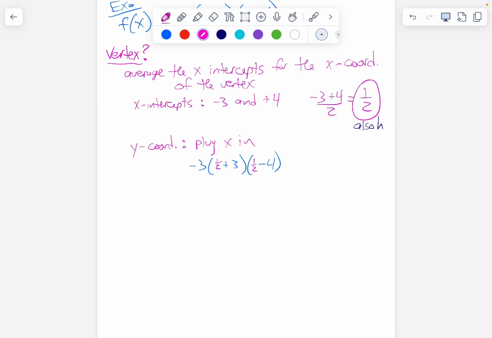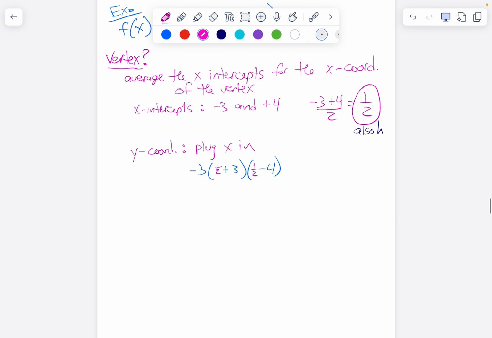And I'm okay with that if you want to use it that way. So 1/2 minus 6/2 is -5/2. 1/2 minus 8/2 is -7/2. So what is that? -105 over 4. That's kind of ugly, but that's okay.